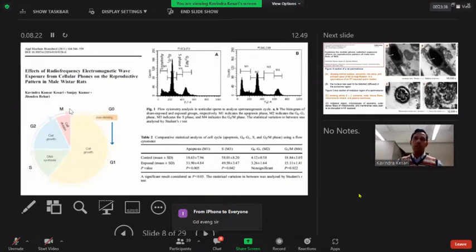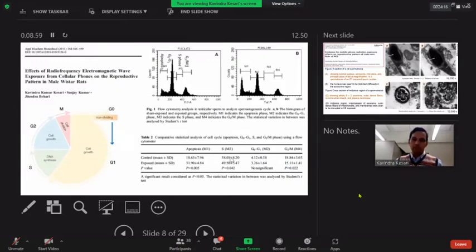As you can see, this is cell cycle analysis, and this is a very interesting study we published. It is a quite old study from when I was doing my PhD. Here you can see cell cycle analysis from the flow cytometer. This cell cycle basically represents DNA synthesis, because the cell cycle always depends on synthesis.